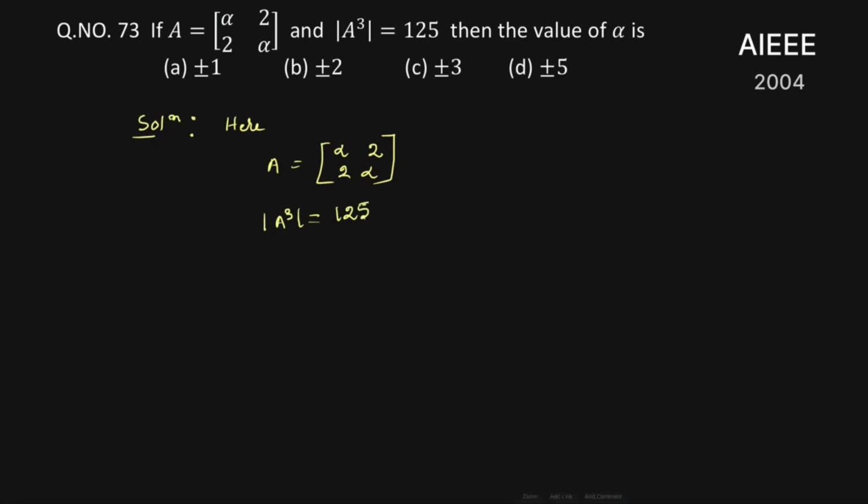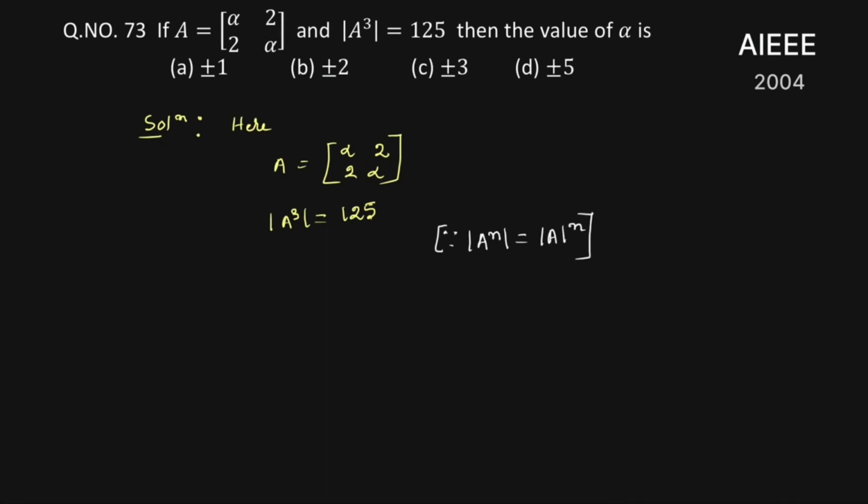So we know that determinant of A to power n we are able to write as determinant A to power n. Therefore, determinant A cube equal to 5 to power cube, that is 125. This implies that determinant of A we are able to write 5.